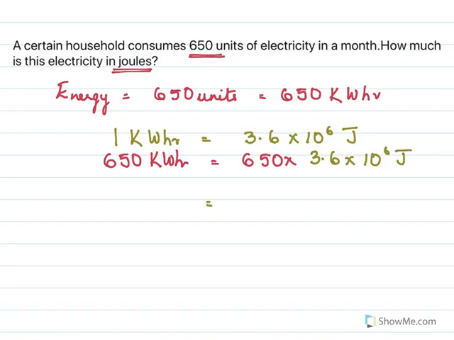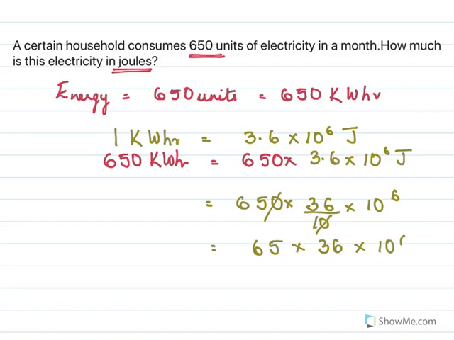So to do this calculation, first you do 650 into 36 over 10 into 10 raised to 6. So you cancel this out. So you get 65 into 36 into 10 raised to power of 6, which is 2340 into 10 raised to power of 6.